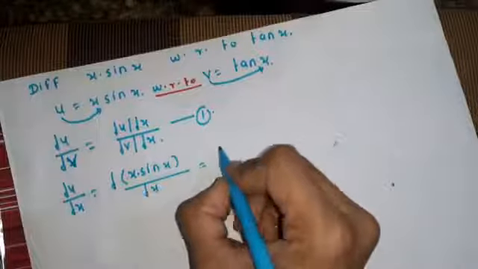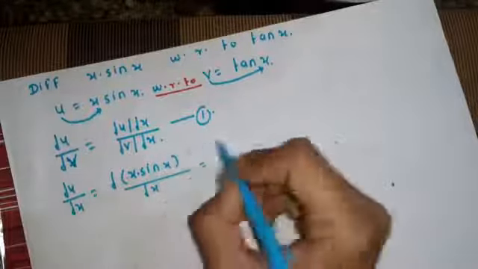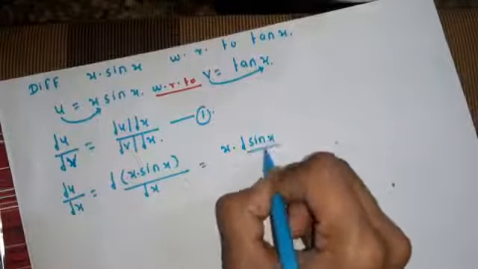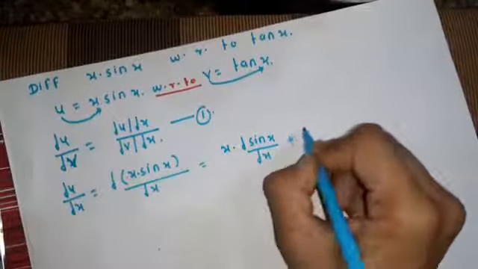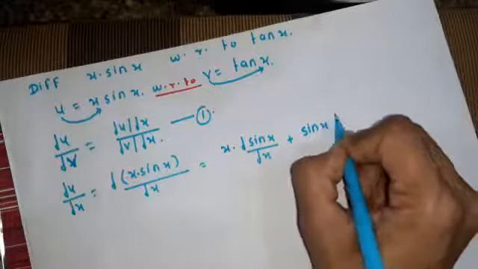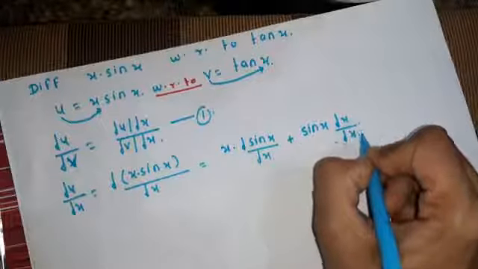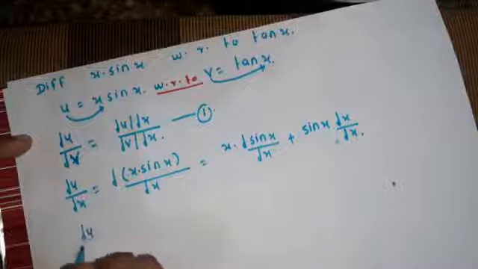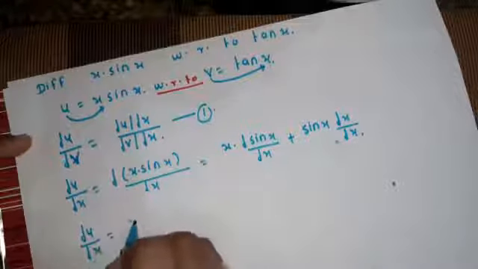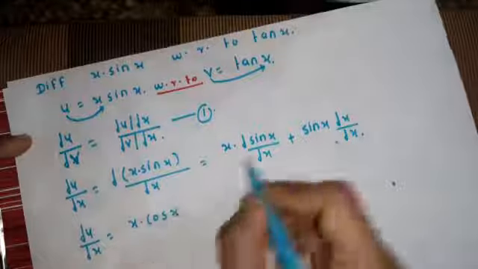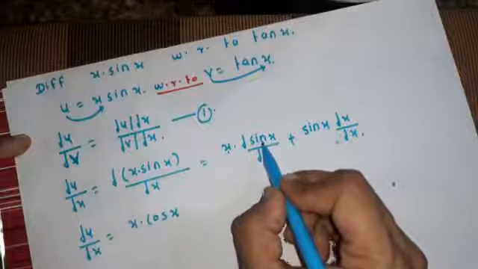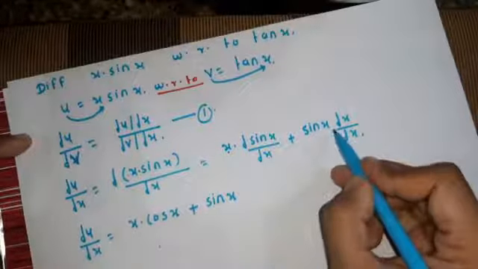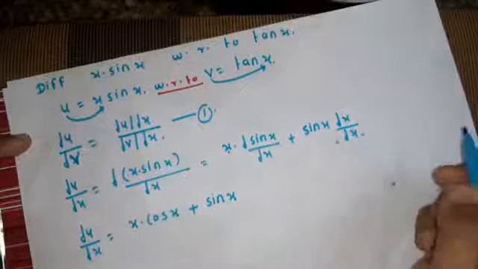Okay, that is x is constant, differentiation of sin x with respect to x, plus sin x is constant, differentiation of x with respect to x, and therefore du by dx equal to x into cos x plus sin x into 1.